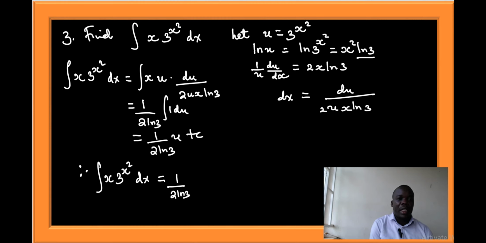So I can now write this as 3 power x squared divided by 2 ln 3 plus our constant of integration. So this is basically how we handle integrals of this form, and I urge you to do more practice to get perfect, because with integration, practice makes perfect.